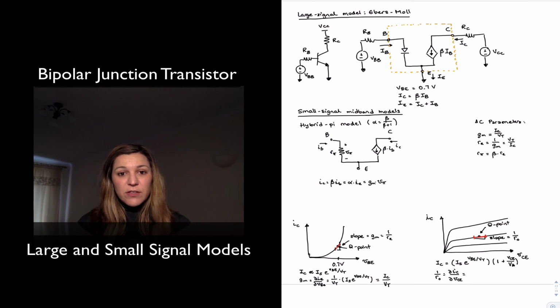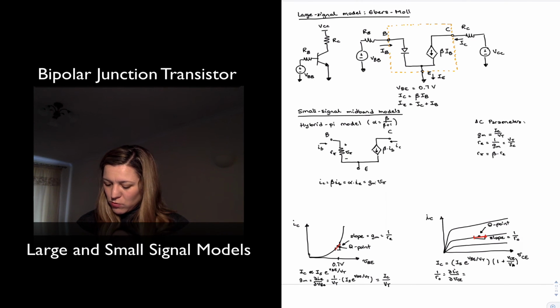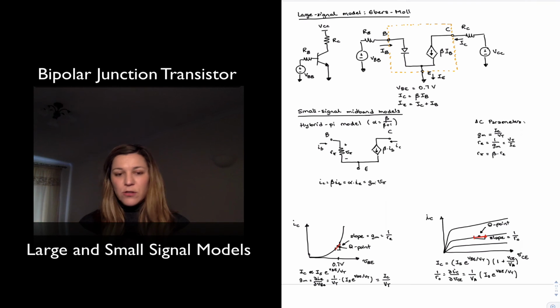I just need to take the derivative of this function with respect to VCE. And with respect to VCE, it's going to be 1 over VA times IS e to the VBE over VT. So the whole IS e to the VBE over VT term in this case is going to be a constant because we're taking the derivative with respect to VCE. So we have a constant multiplying the function, and that's just going to be equal to that constant times the derivative of the function, which is 1 over VA in this case.